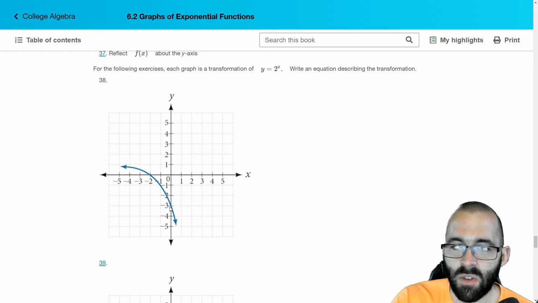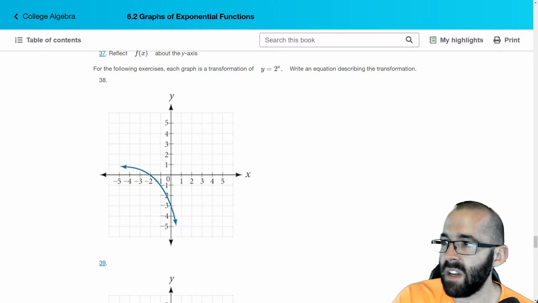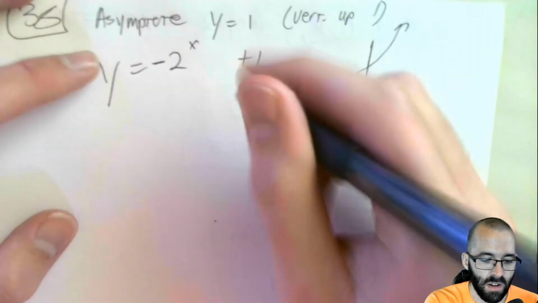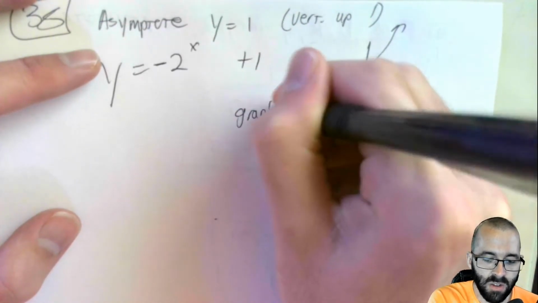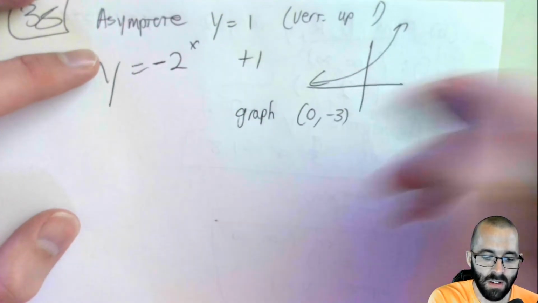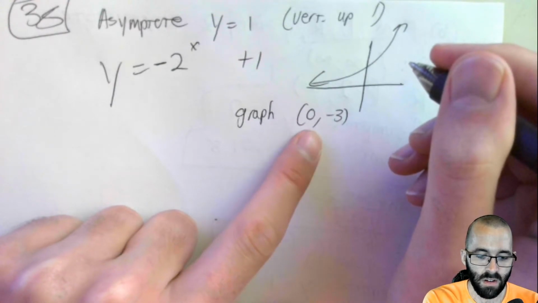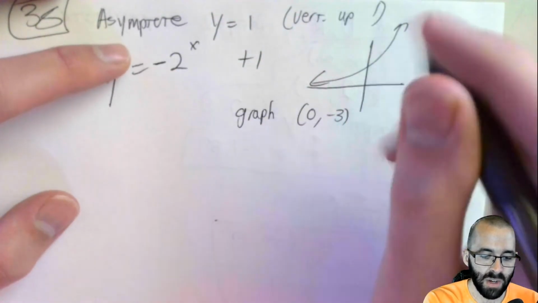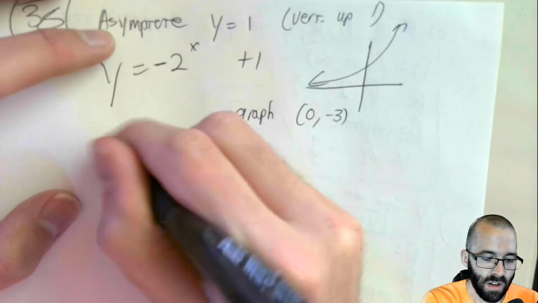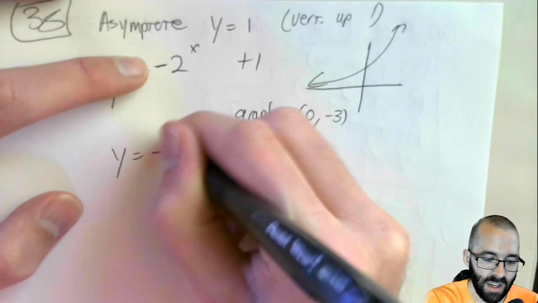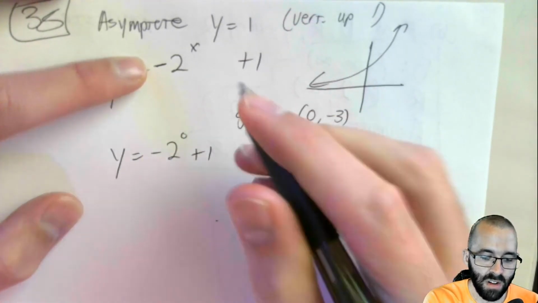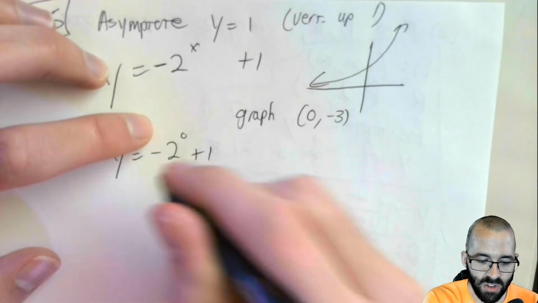This graph goes through the point 0, negative 3. Well, let's see what our graph does when x is 0. Our graph when x is 0 is negative 2 to the 0 plus 1. Again, be very careful with order of operations.